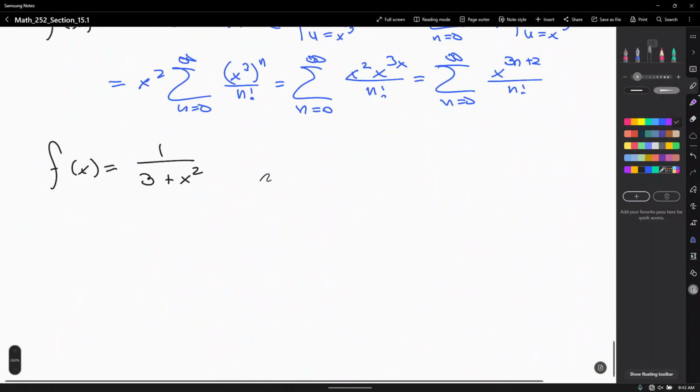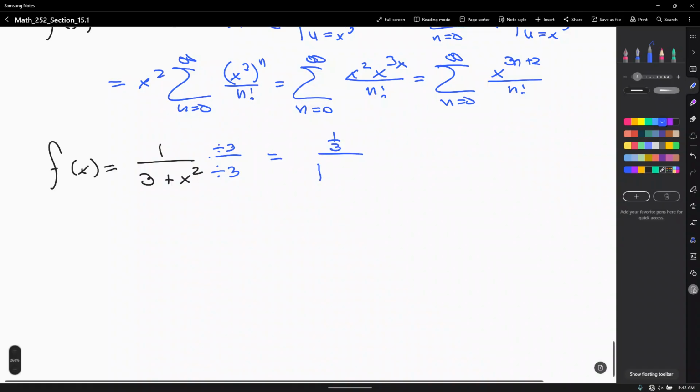So number one, to fix that issue, I'm going to divide by 3 in both numerator and denominator. So 1 divided by 3 equals 1/3. 3 divided by 3, isn't that 1?